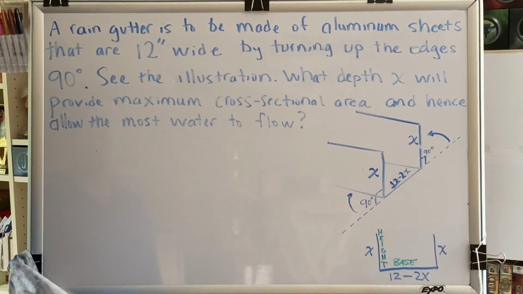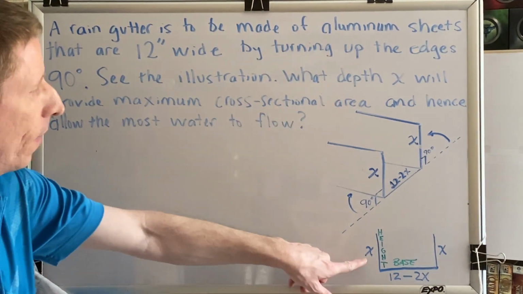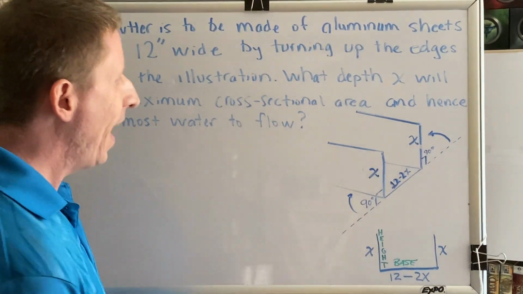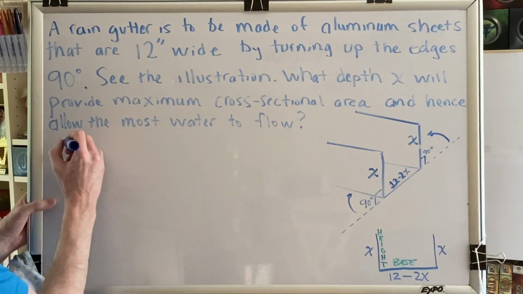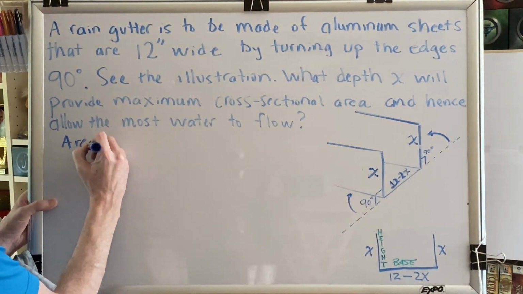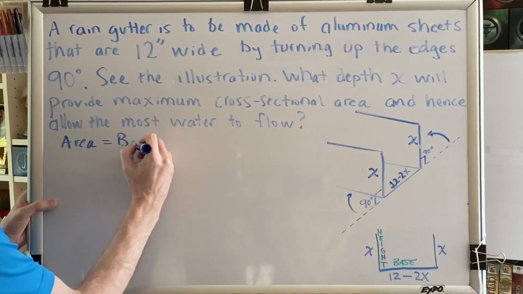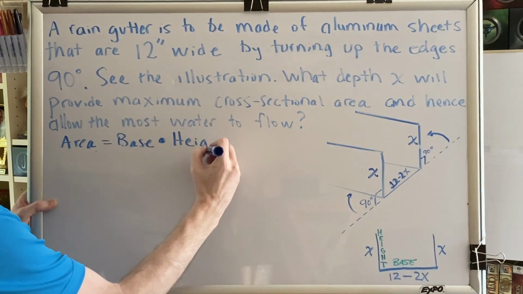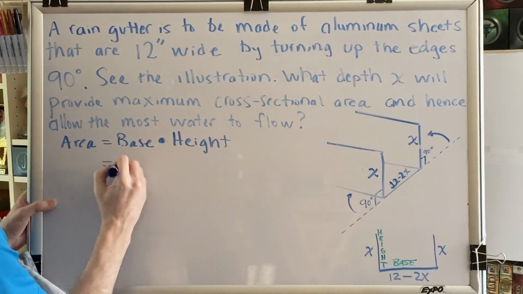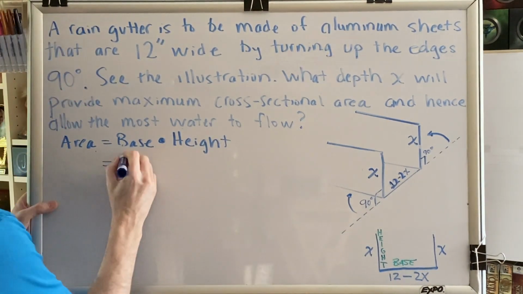They want us to maximize the cross-sectional area. This is the cross-section, and the area of this shape, a rectangle, is base times height. So let's write that. Area equals base times height. All right, the base in this problem is 12 minus 2x.